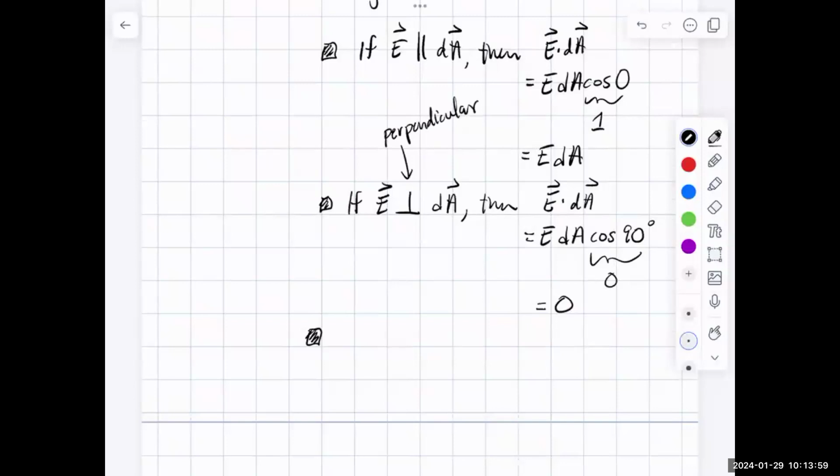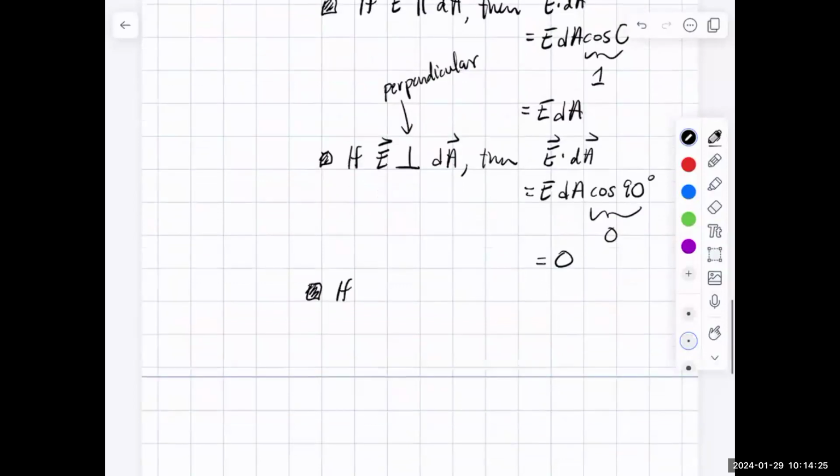Okay, and so the example that we're going to do is we're going to choose a point charge at the center of a sphere. And so that means no matter where I am on the surface of the sphere, I'm always a distance of the radius away from the point charge. And so at any point on that surface, the electric field has to be exactly the same in magnitude.